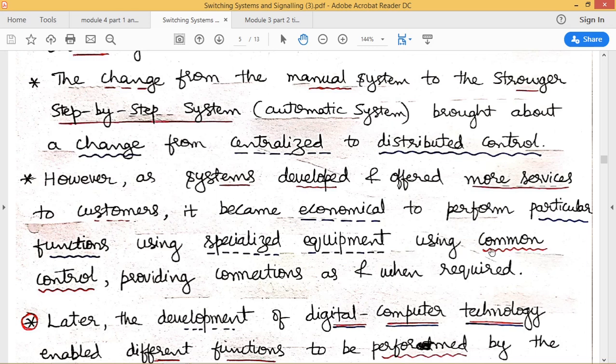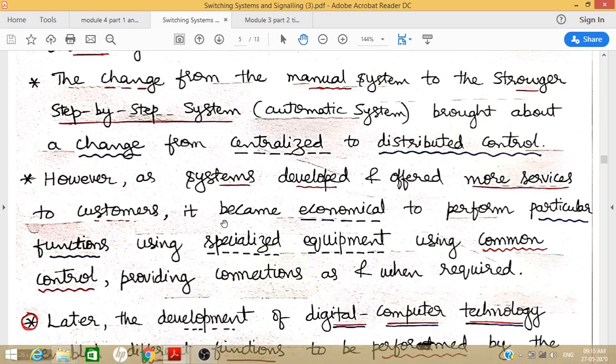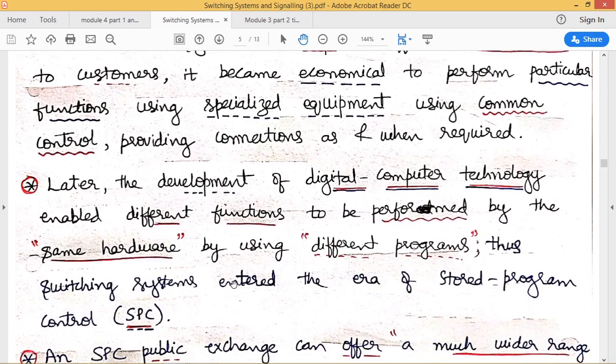Using common control, we were able to control different equipment for different operations, and they used to provide connections as and when required. So when a connection is required, only then are these equipments used, depending upon the type of service the system supports.